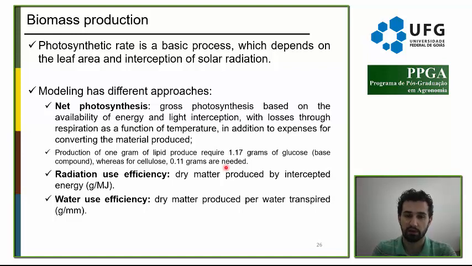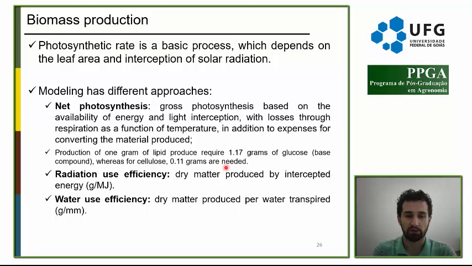So you can see that the cost to produce lipid in the crop is about 11 times more than producing cellulose. This is going to affect how the biomass is converted and produced based on the plant composition in the system.